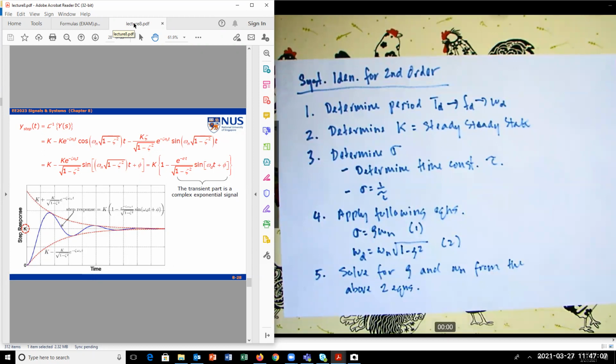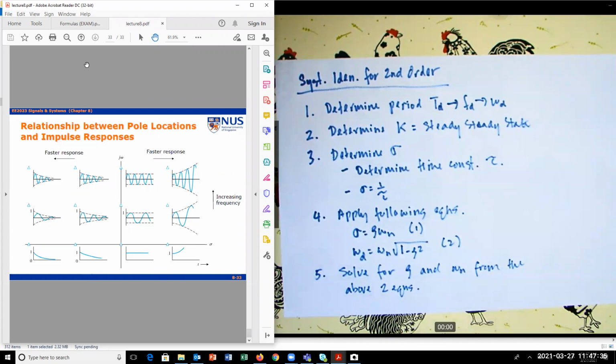So we're actually applying all these fundamental principles that we have gone through, as well as the derivations of y(t), to figure out all these things. How do you determine where is 0.632? That comes back to the theory that we learned, which comes from here, let me go back.